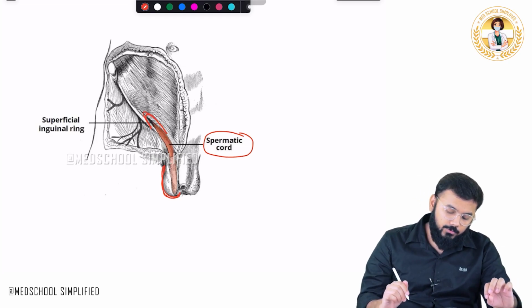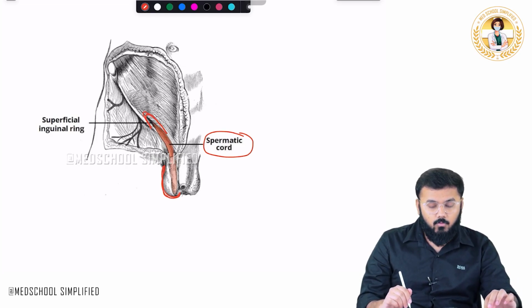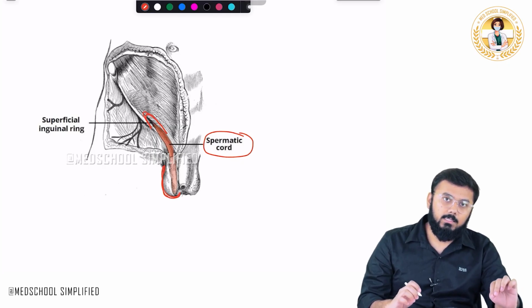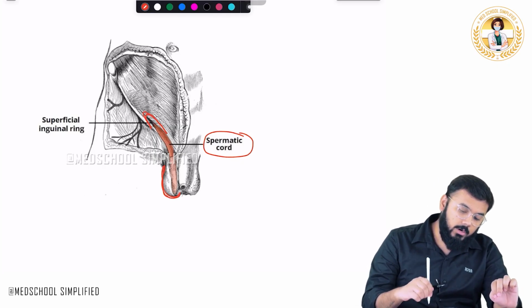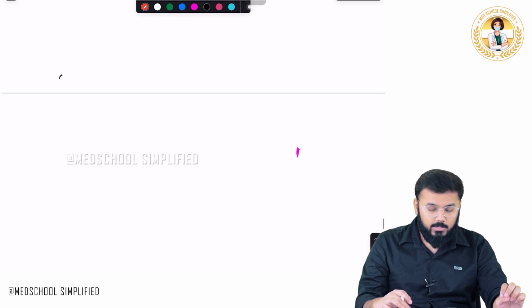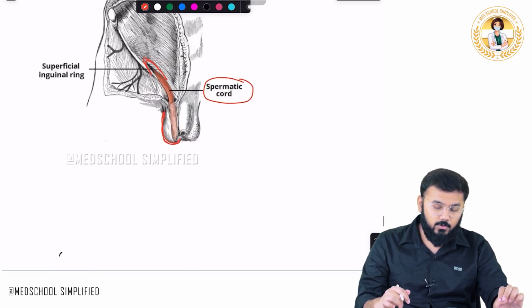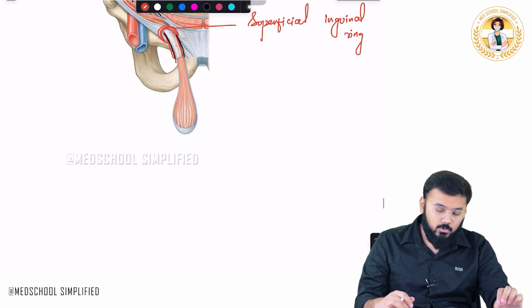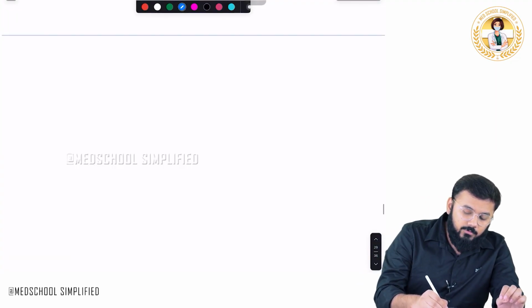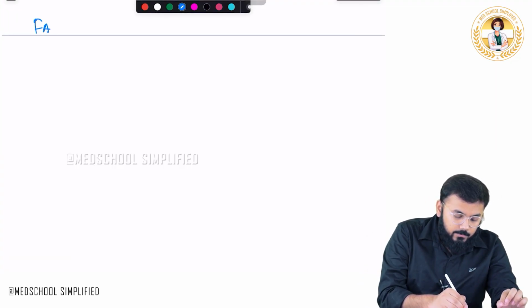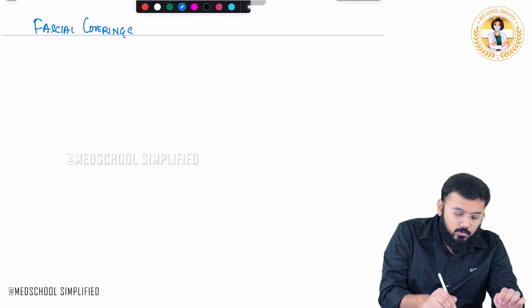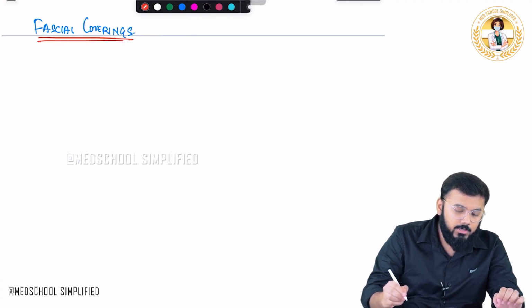Okay. Now let us look at the different layers that are present surrounding your testis. That is one of the very important things which you have to discuss over here. These are called the fascial coverings. So what are the different kinds of fascial coverings which we have?